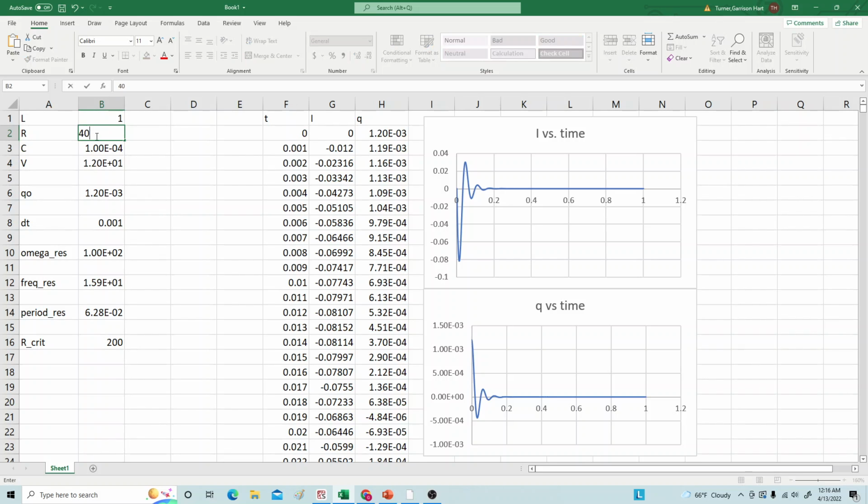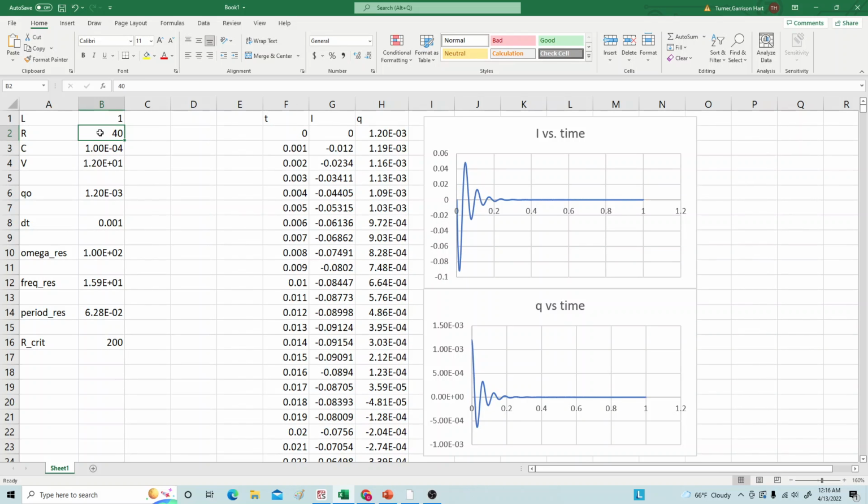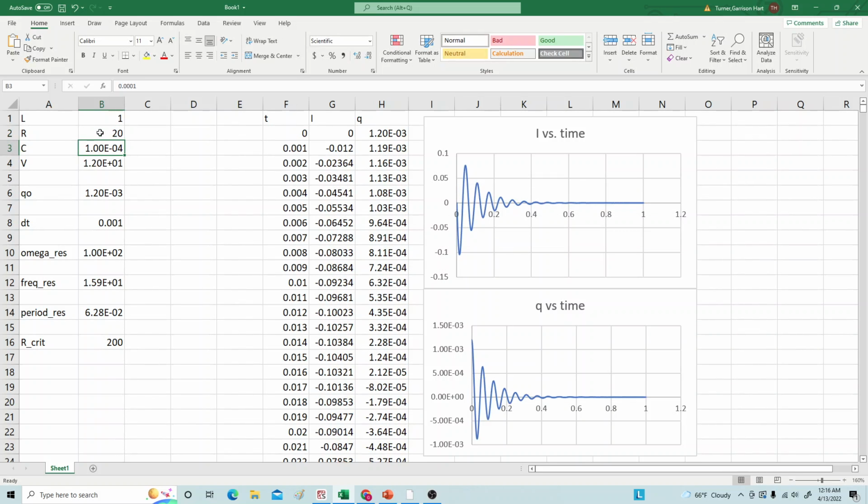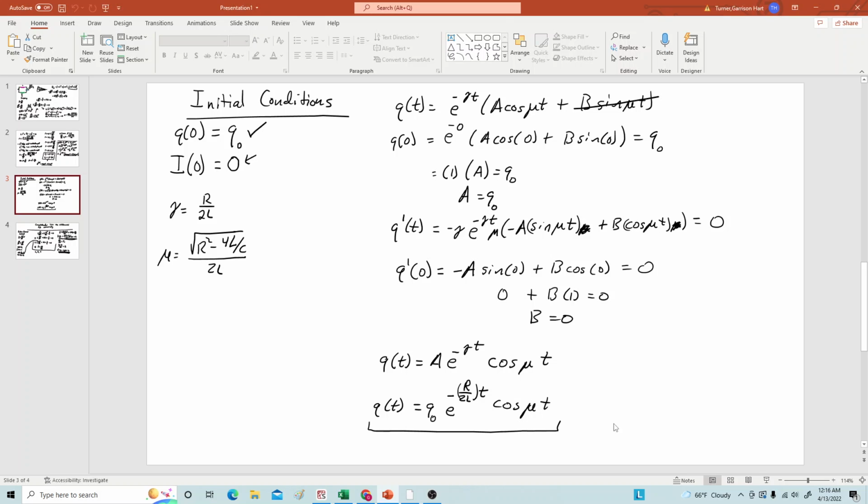Let's go down to 40. Then you really start to see the solution that we found here. Again, this is when R was below that critical value, when this solution holds.